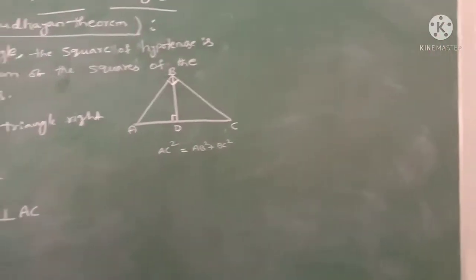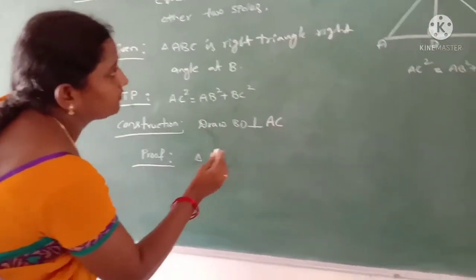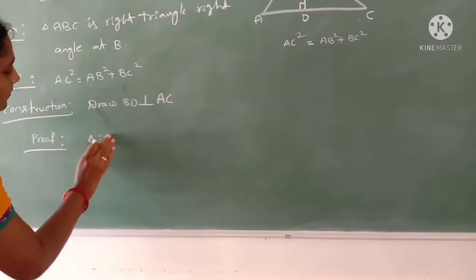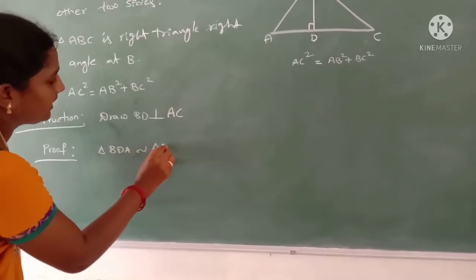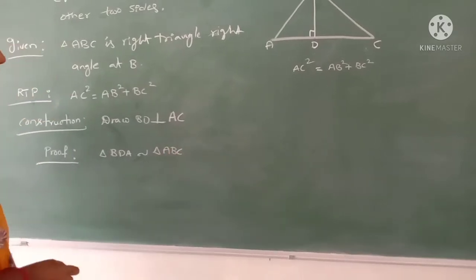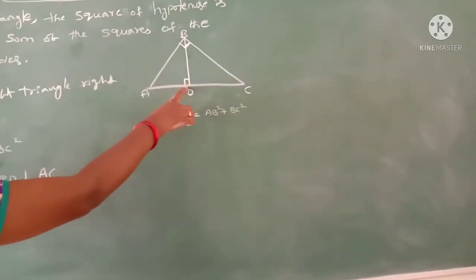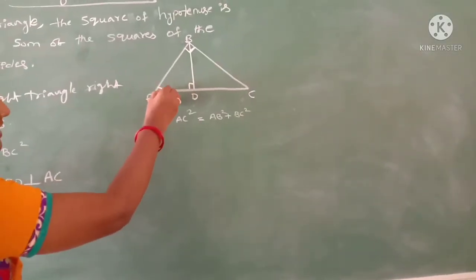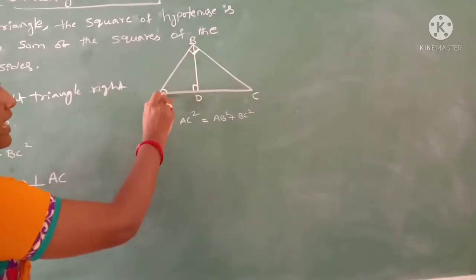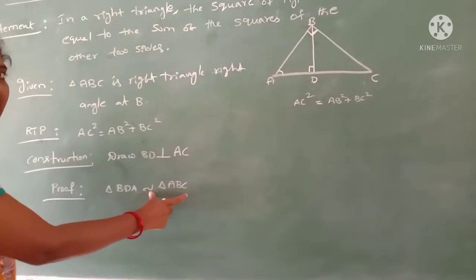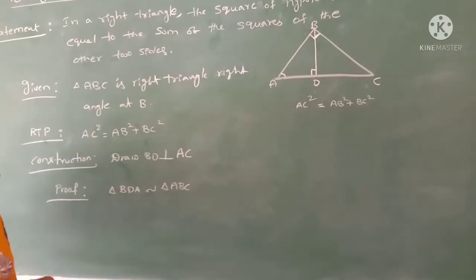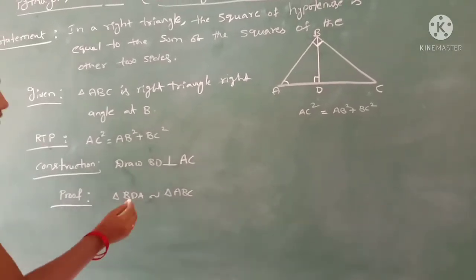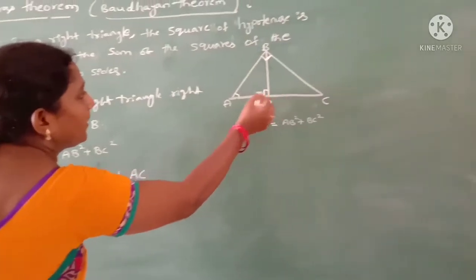Triangle BDA is similar to triangle ABC because angle D is 90 degrees and angle A is a common angle. So these two triangles are similar, so their sides are proportional. So write the sides.